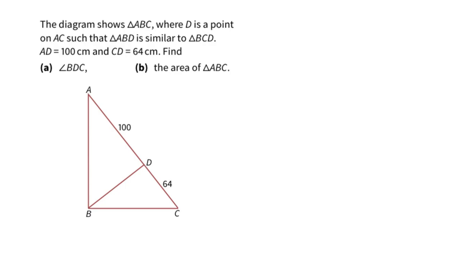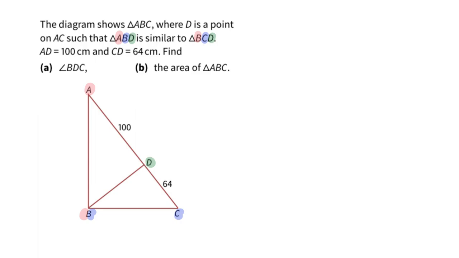It will be good for me to just color code it. A is with B, so this B happens to be with C, and D is with D.